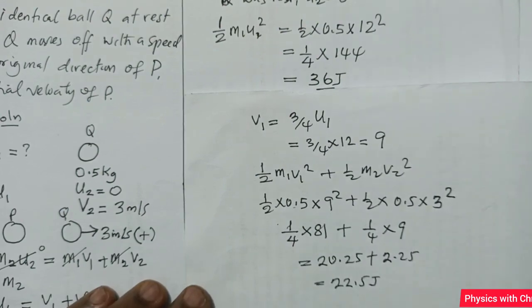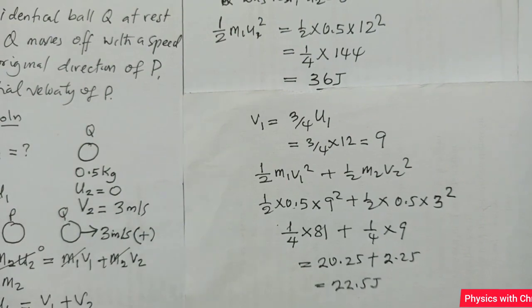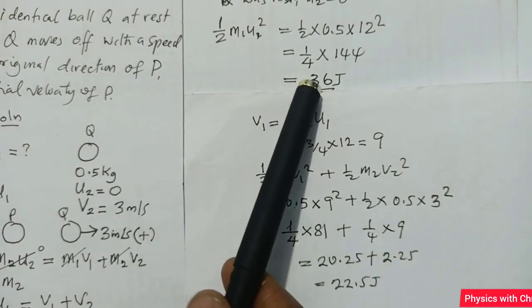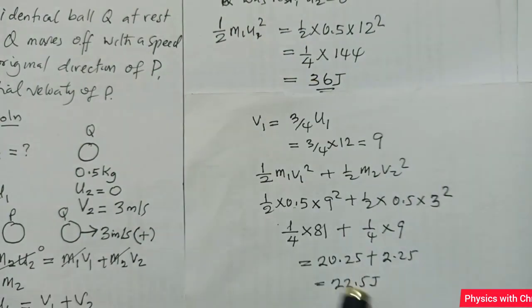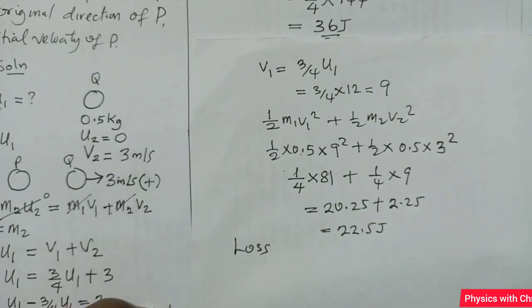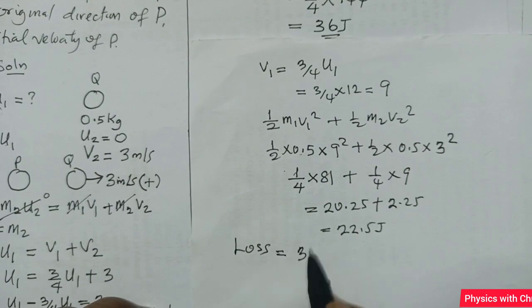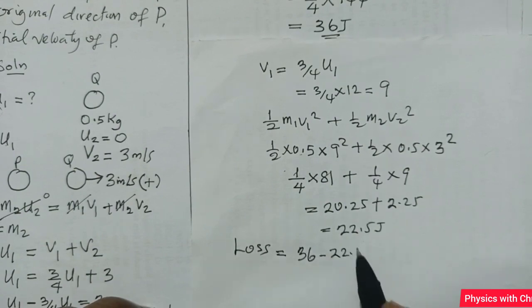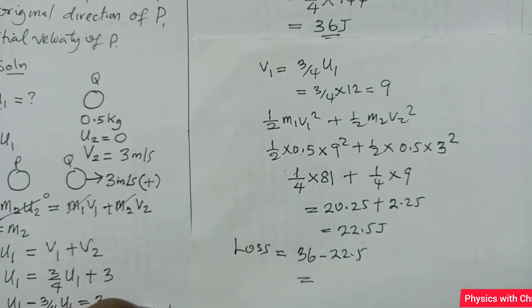So you can see that there's a significant difference between the total initial KE of the two balls and their final KE. The loss of kinetic energy can be evaluated by just finding the difference between 36 and 22.5. So we can even conclude here that the collision is not a perfectly elastic one.